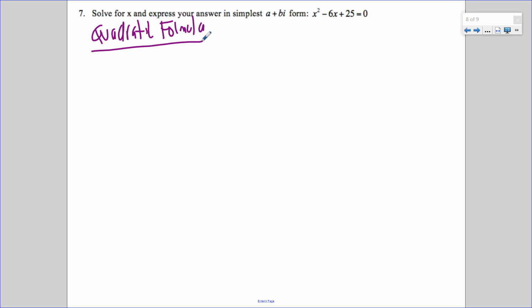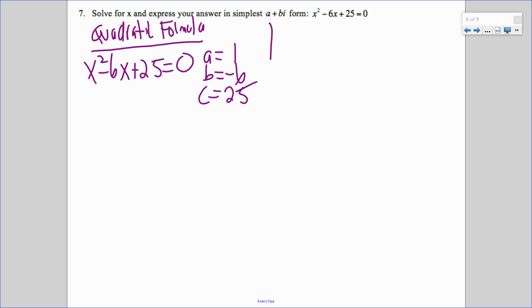So this is in the proper form for quadratic formula. So I'm going to list my a, b, and c values: 1, negative 6, 25.